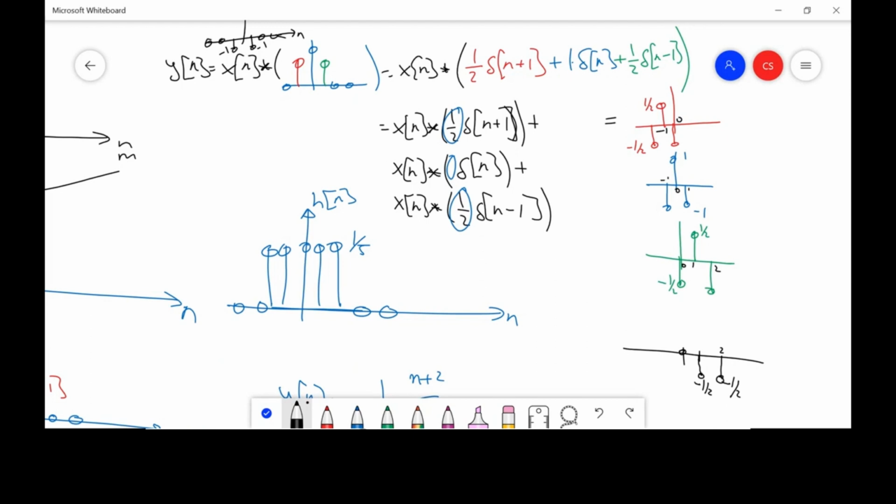This is -1, and this is -2, and this is 0. So if you convolve this signal with this one, this is what you get. And now you understand the process. It is shift the signal, multiply by the appropriate coefficient, and then add all of those copies to have your output.